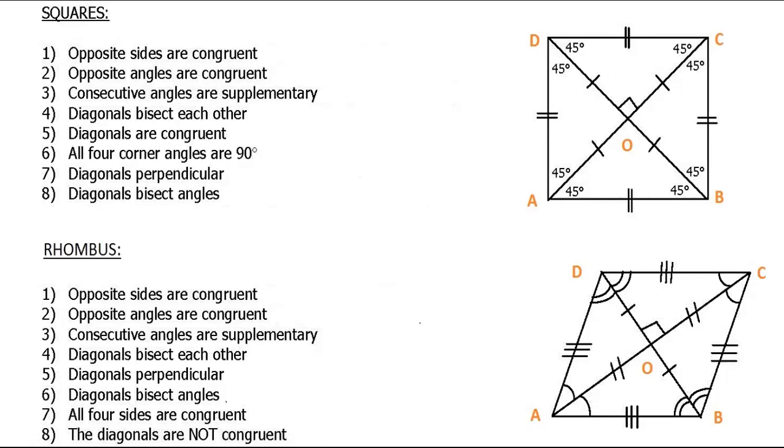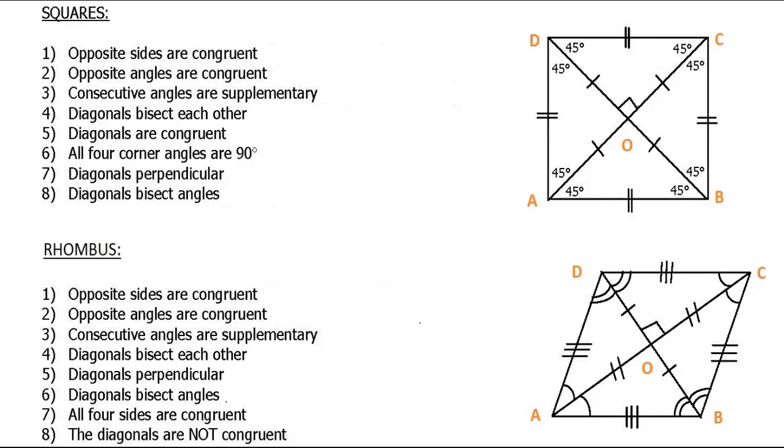So angle A plus angle B is equal to 180 degrees. Similarly, angle B and angle C is another pair. So angle B plus angle C is equal to 180 degrees. Angle C plus angle D is equal to 180 degrees, and the last pair is angle D and angle A. So their sum is equal to 180 degrees.